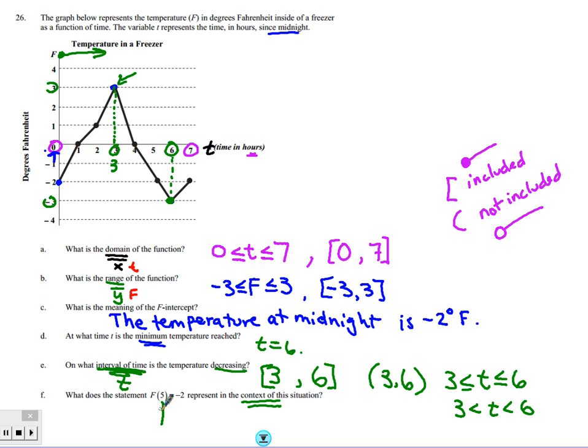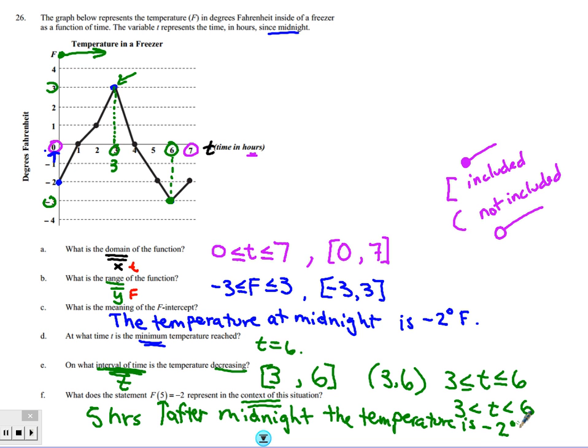So 5, that means after 5 hours, let's say 5 hours after midnight, the temperature is -2 degrees Fahrenheit. Sorry, I should have used a different color.